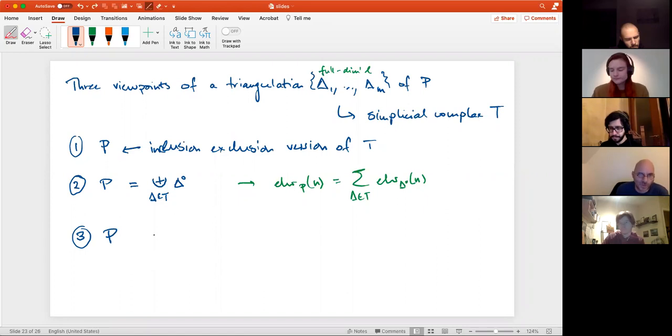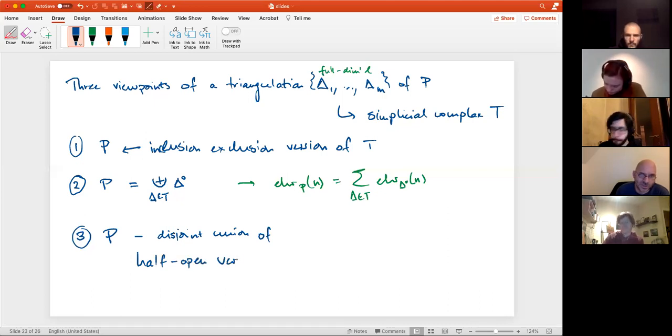I can write this as a disjoint union of half open versions of my top dimensional simplices, delta 1 through delta m.